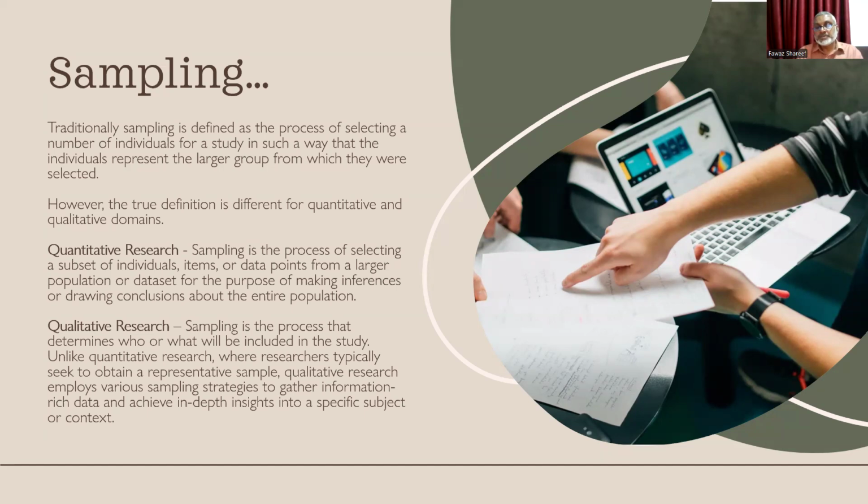Unlike quantitative research, where researchers typically seek to obtain a representative sample, qualitative employs strategies to gather information-rich data and achieve in-depth insights into a specific subject or context. So you don't really have to talk about representative samples in qualitative research or in qualitative sampling. It is quantitative sampling that requires representation.